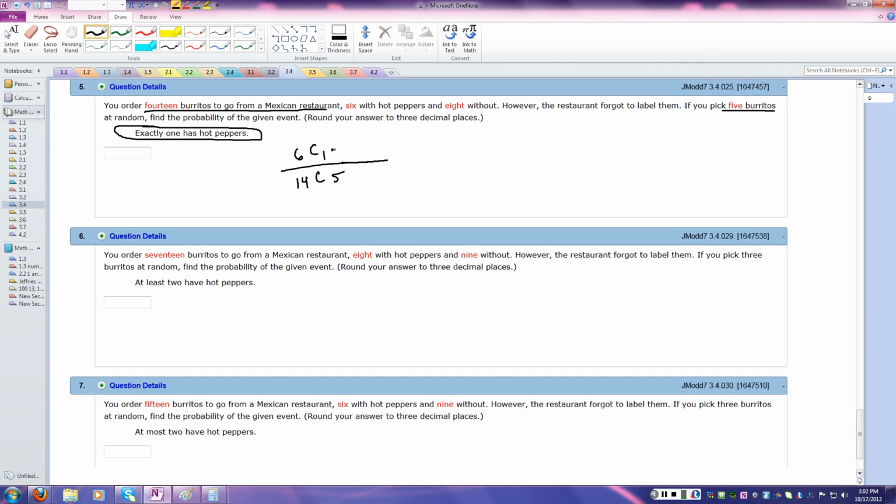On top here, this would be 8 choose 4. So this is the calculation you're going to do. Exactly one has hot peppers. 6 of them have hot peppers, and you want to pick one of those. 4 of them, you want not to have hot peppers, and 8 of those have no hot peppers.